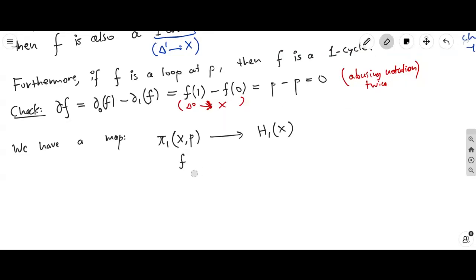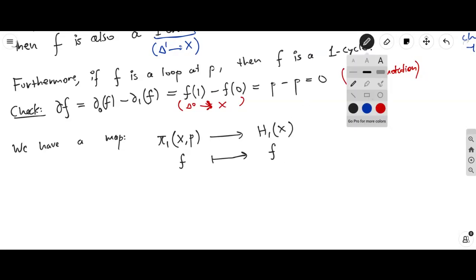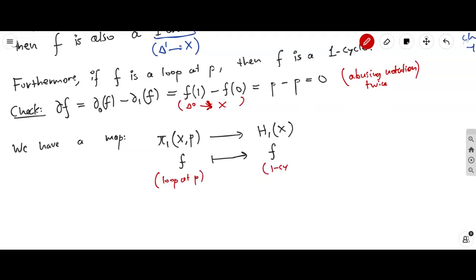If you take f, and f represents a loop, you simply map the loop to itself. This is now a one cycle. So you start with something that is a loop at p, and then you get a one cycle. And there is no "at p" anymore, because a cycle does not have a beginning or an end.